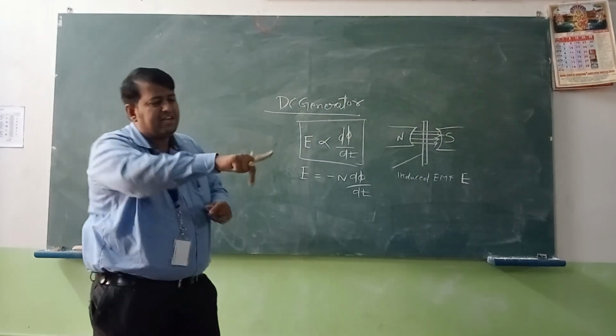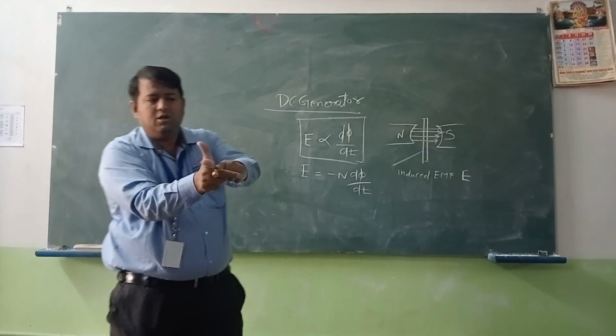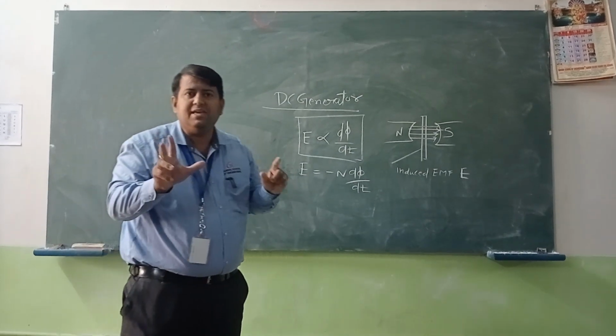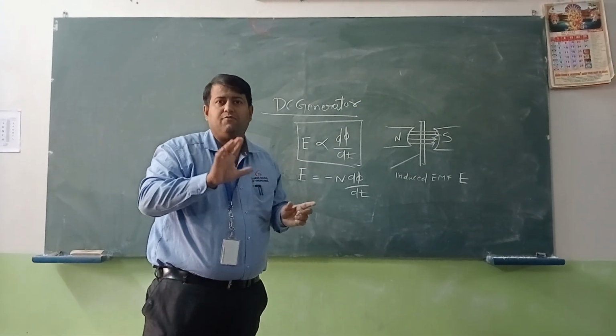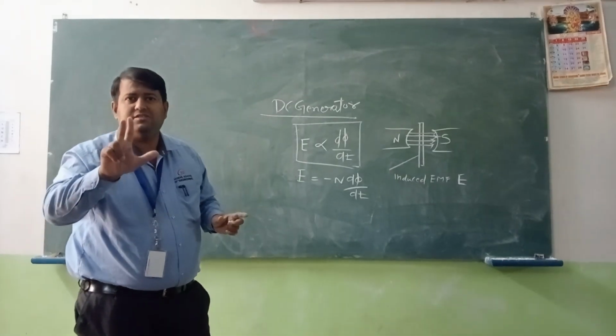All the fingers are at 90 degrees, a right angle, to each other. This is Fleming's right hand rule.